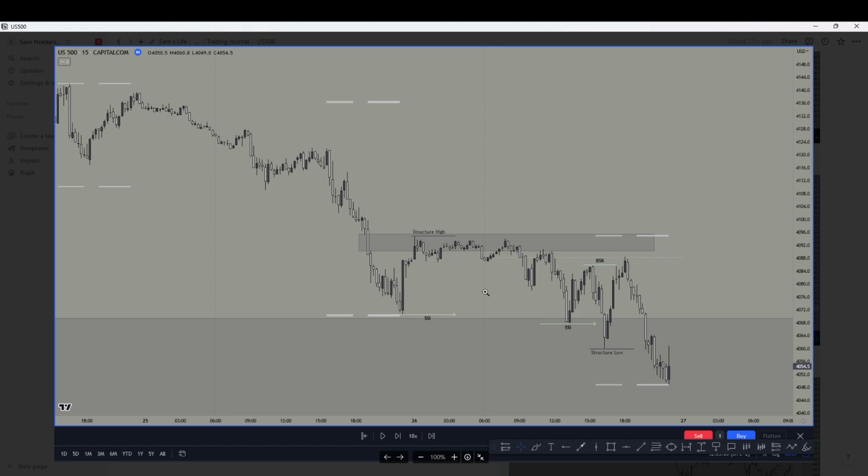Meaning the major structure that we are working from is this structure high to this structure low. After taking out this short-term high that I indicated as a market structure shift, we immediately traded back into the range. And when we look within this range that I had as my structure range to buy from, we cannot spot any sell side liquidity.